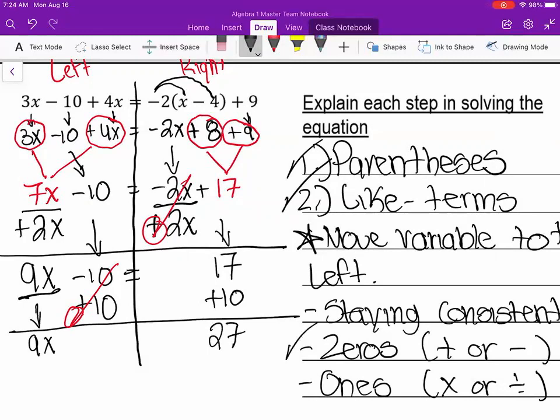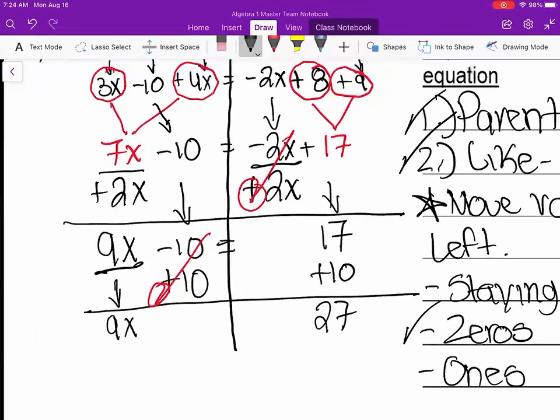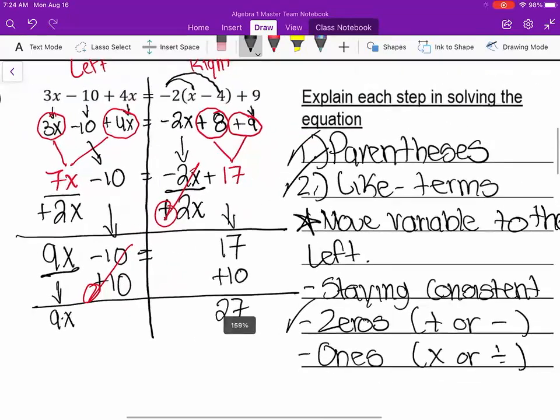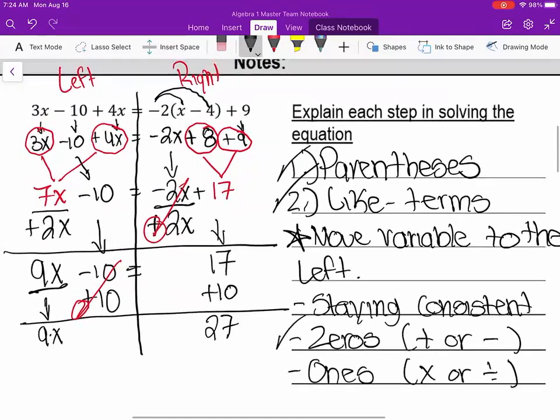The last step would be to create a 1. And remember, what is the 9x doing? There's technically nothing in there, so I'm just going to put a multiplication symbol, which means they're multiplying. If I want to get rid of the 9, I have to do the opposite. What is the opposite of multiplication? That would be division. So I'm going to divide this by 9. It always has to be by the same number, so I'm going to divide this by 9.